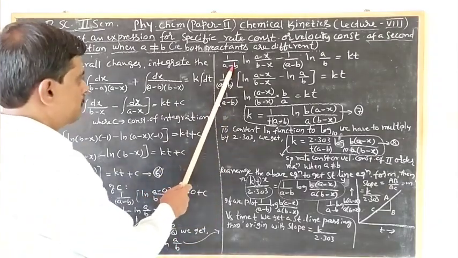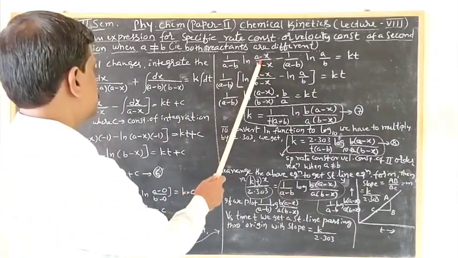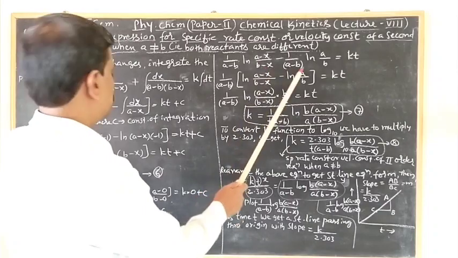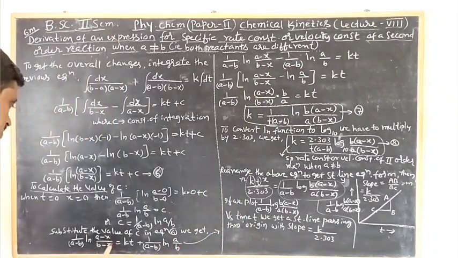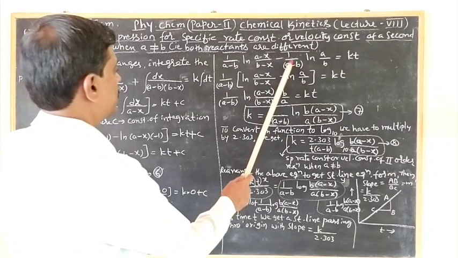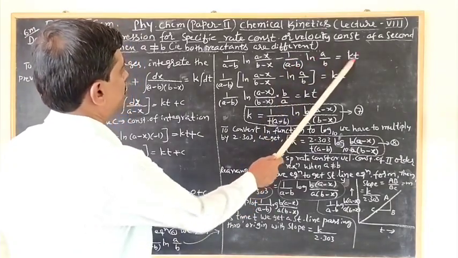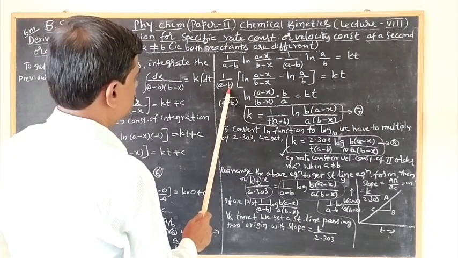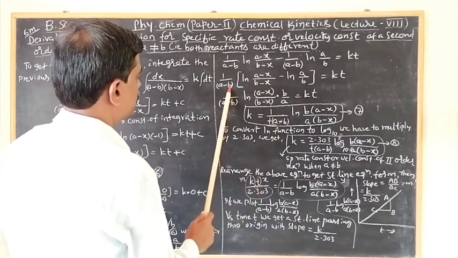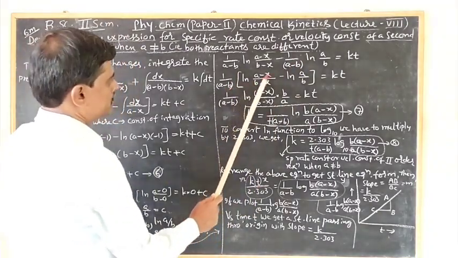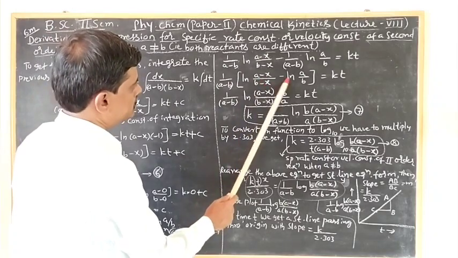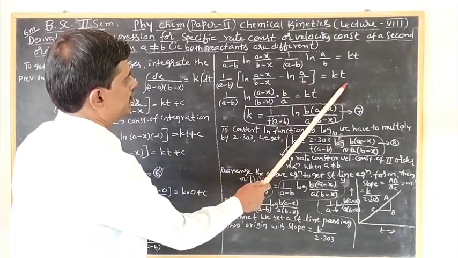Then 1 by a minus b into ln (a minus x) divided by (b minus x). I will take this term to the LHS now, it is becoming minus here. So minus 1 by a minus b into ln a by b equal to kt. So 1 by a minus b is a common factor with these two, taken outside. Ln (a minus x) by (b minus x) minus ln a by b equal to kt.